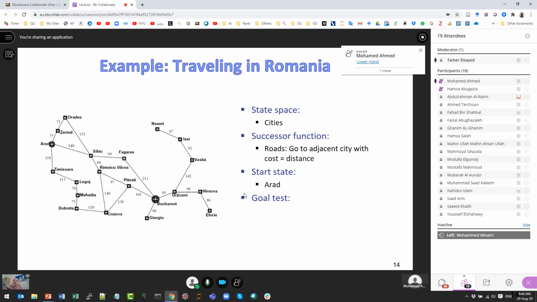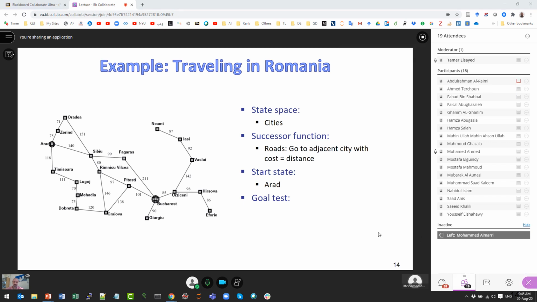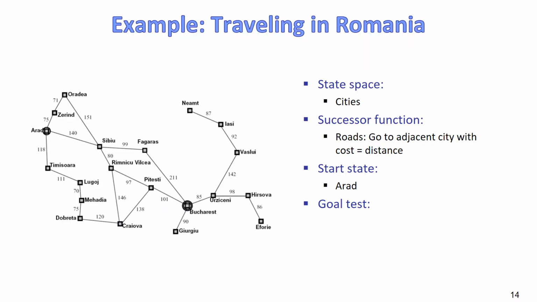Okay, so the goal test is the test that I will implement to see if I reached the goal state or not, if I completed my goal or not. So what is that goal test here? I want to reach Bucharest, right? That's the goal.